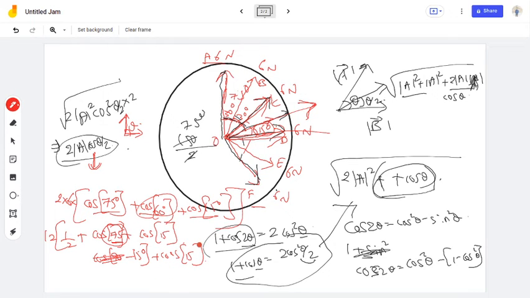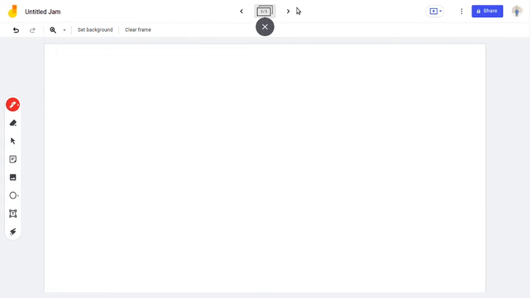Can we simplify this? For this also we need the value of cos 15. For this you can just substitute. I will make a different video on how to find this cos 15 and cos 75.